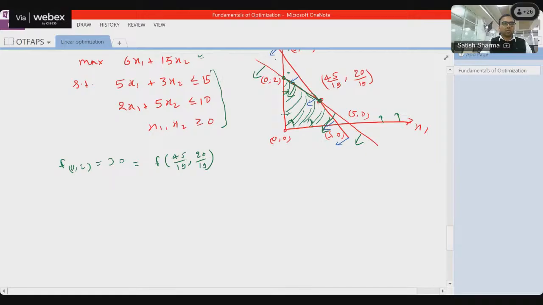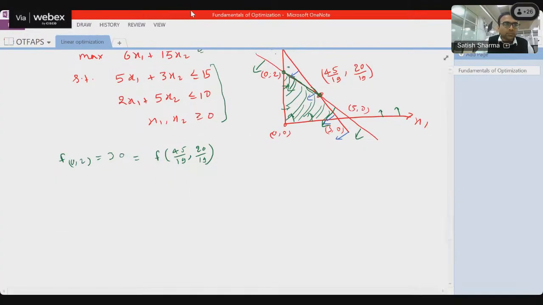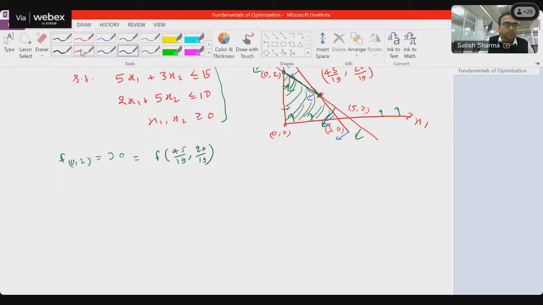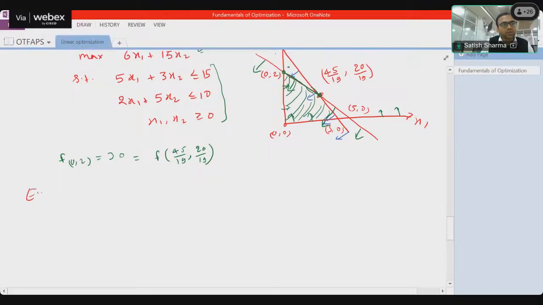So let's say another example, a certain objective function: maximization of 4x1 plus 5x2, subject to 2x1 plus x2 is less than or equal to 9, and x1 plus x2 is less than or equal to 7.